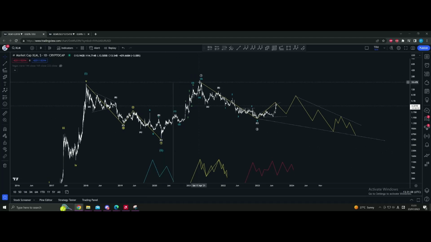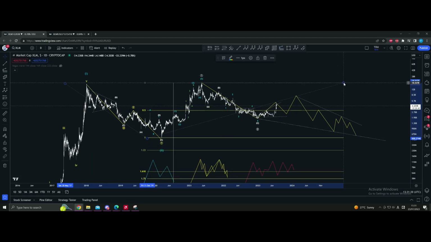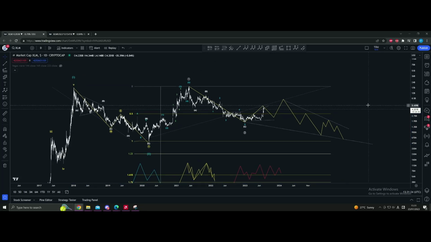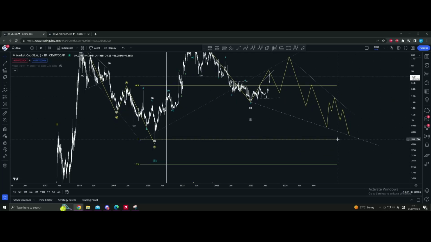Considering the fact that this wave here was pretty much the same length as this one here, so the size of this is almost equal to that, since it just kissed the top, I would assume that the potential wave C of the flat would end somewhere there.